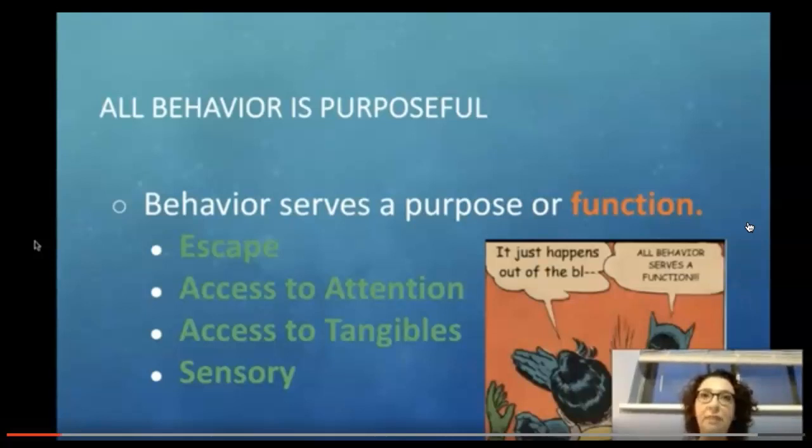If the behavior is occurring when the child is alone and doesn't appear to be getting anything out of it other than the behavior itself, then it is sensory. So you always have to make sure that it is a sensory behavior, and the behavior must be occurring when the student is alone.